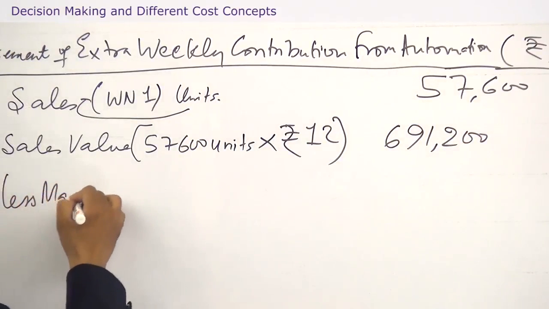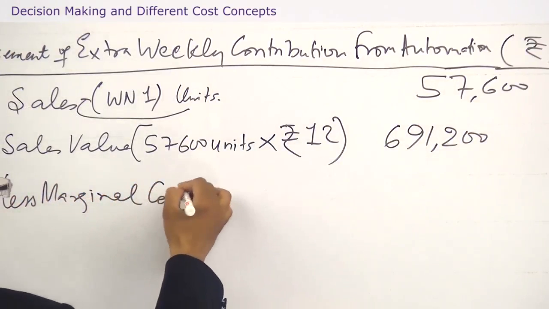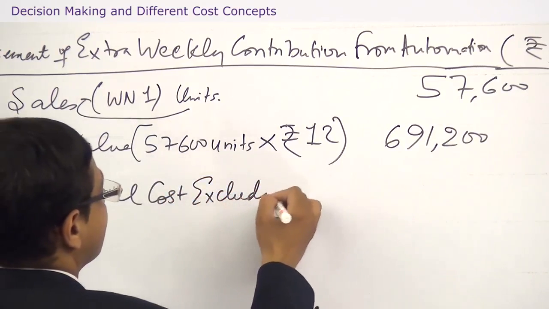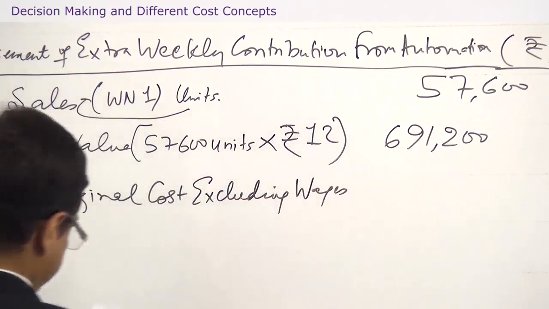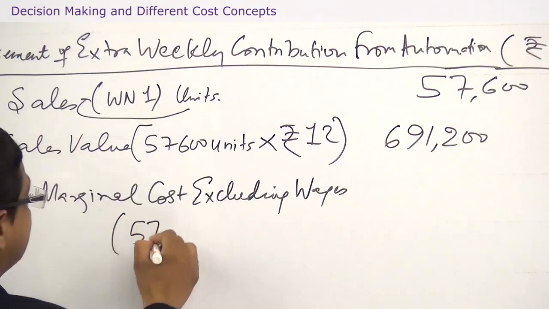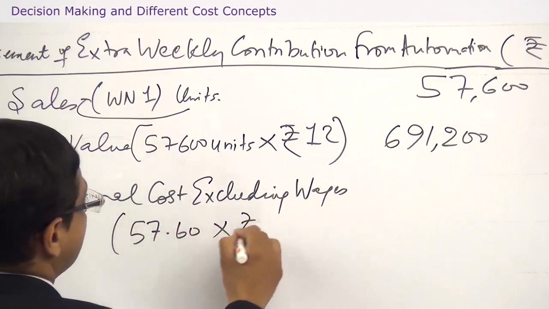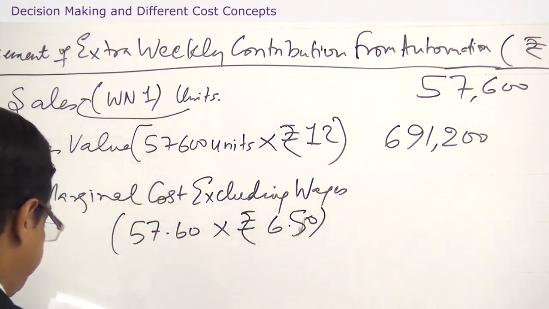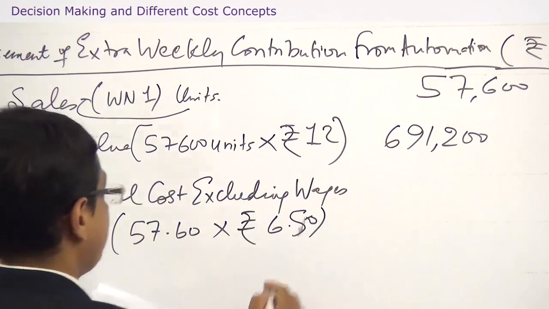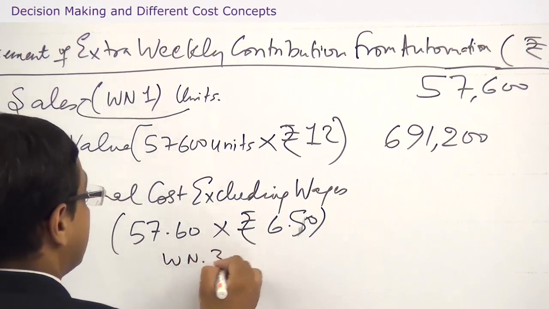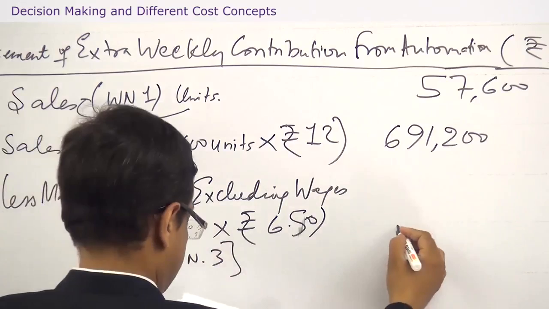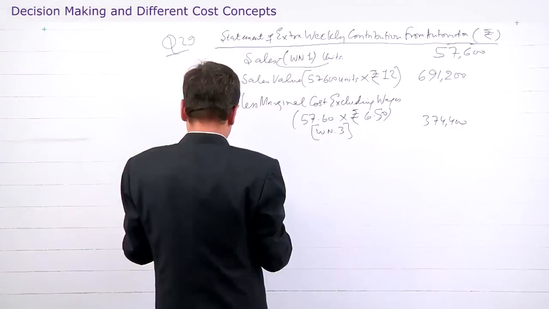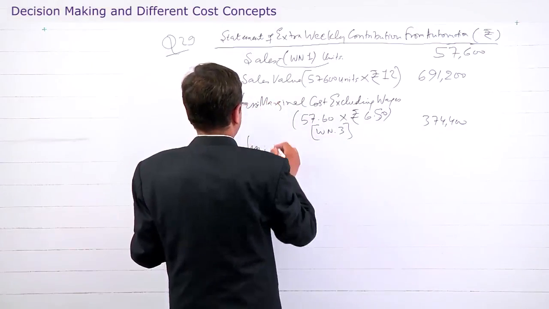Less marginal cost, excluding wages, this is 57.60 into rupees 6.50, which we have calculated in the working note. So this is my working note number 3. This works out 3,74,400. Further, you have to reduce wages.